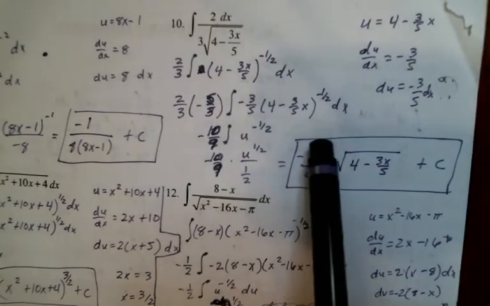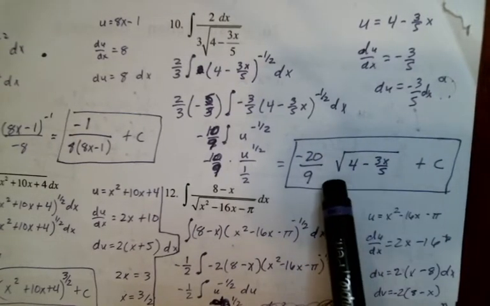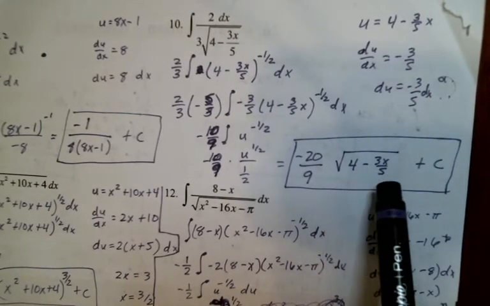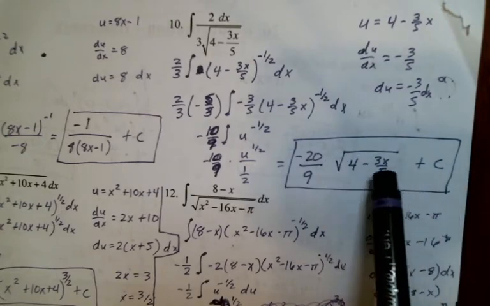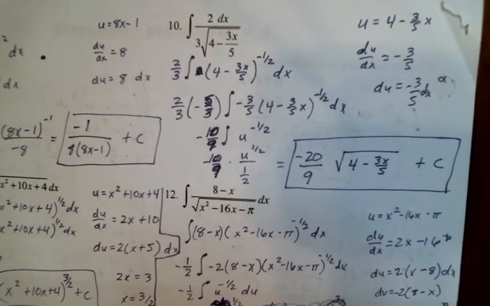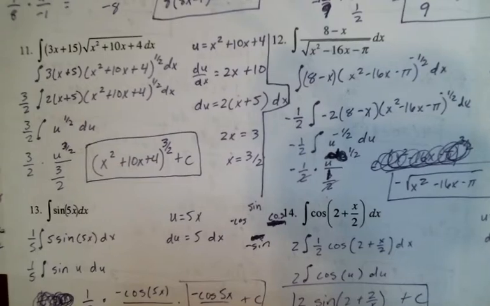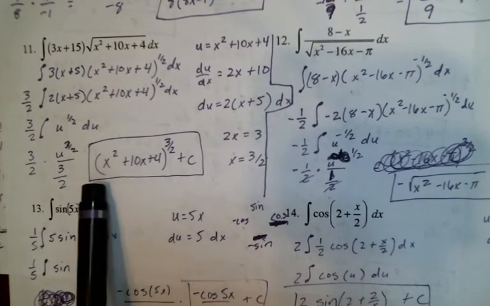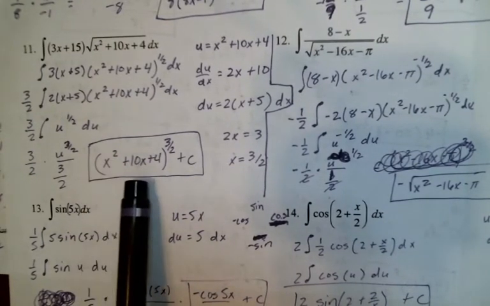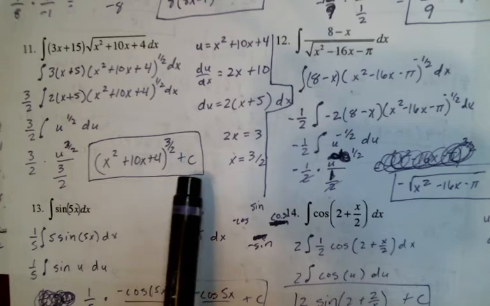Number 10, -20 over 9 times the square root of 4 minus 3x over 5 plus c. Or like I said, that could still be raised to the 1/2. Number 11, the quantity of x squared plus 10x plus 4 raised to the 3/2 plus c.